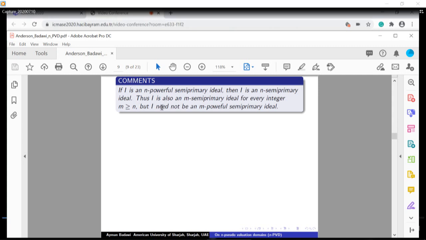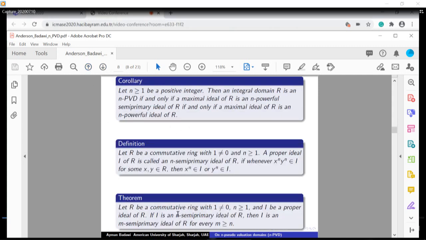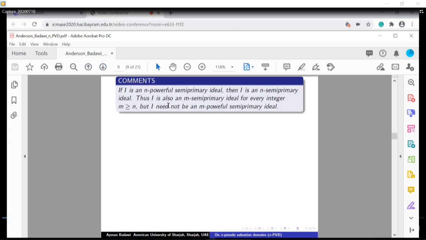All right, here is something. Why did I mention the previous result? Because I told you if I is n-semi-primary ideal, then I will be m-semi-primary ideal for every m bigger or equal to n. So maybe you're going to ask the question, what about if I is n-powerful semi-primary ideal?